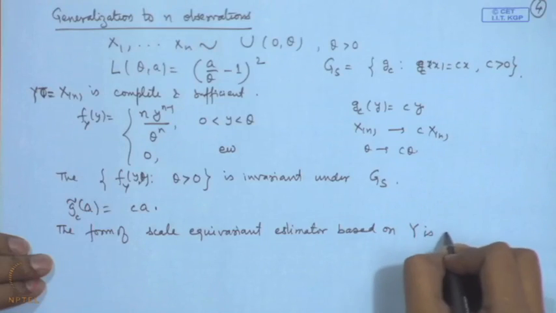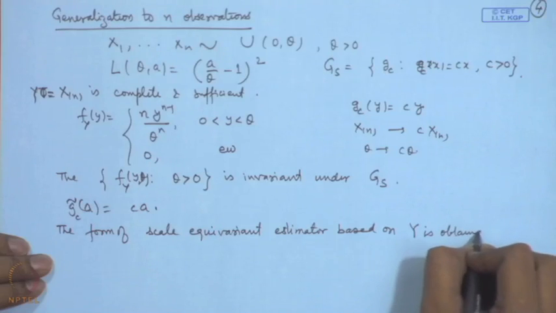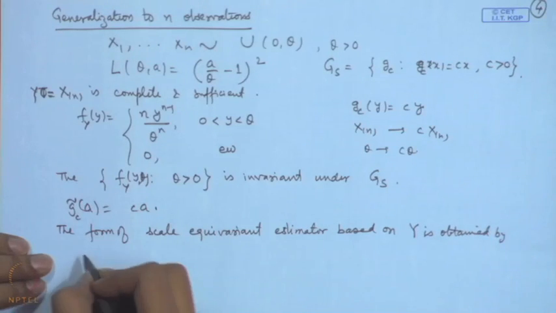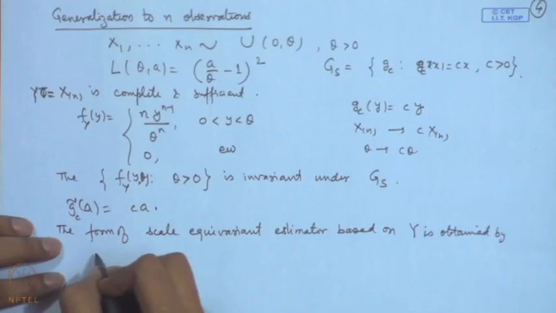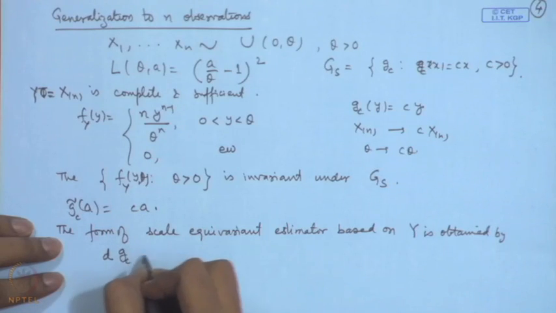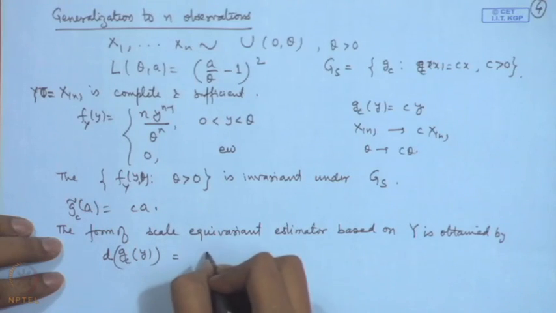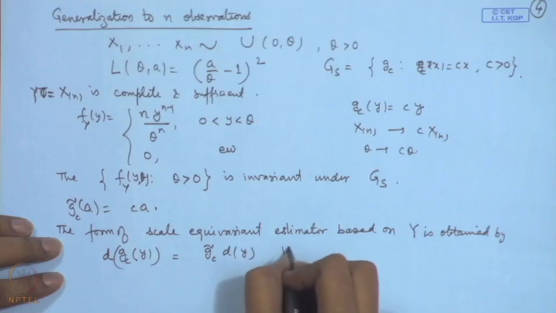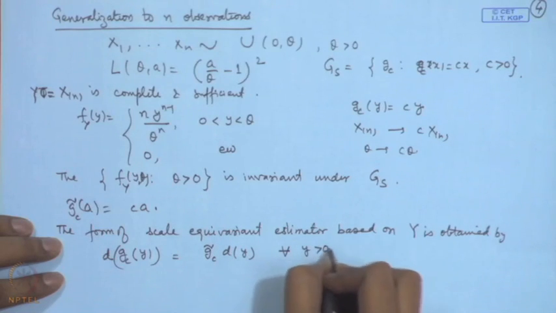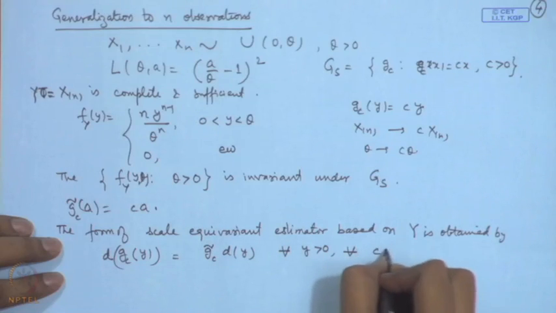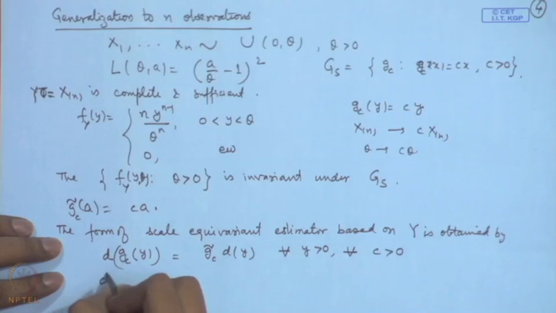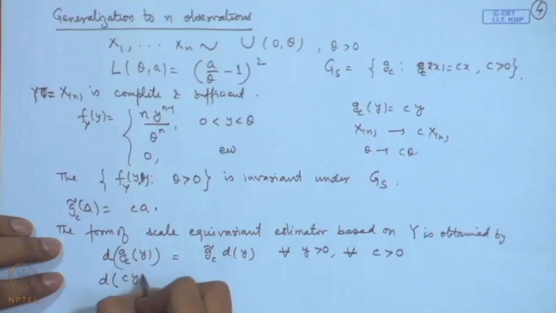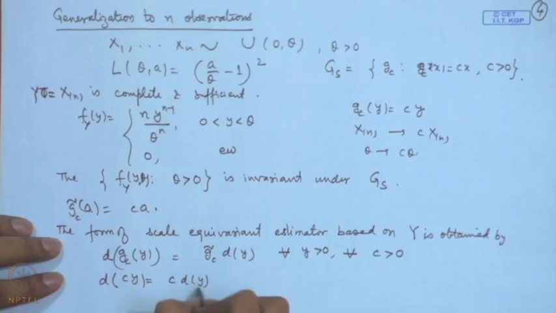This is obtained by considering the condition d of g_c y equal to g_c tilde of d y, for all y and for all c. Now, this condition gives d of c y is equal to c times d of y.